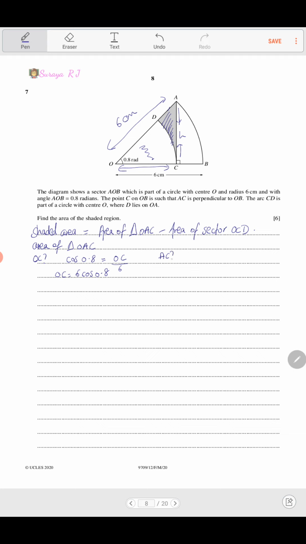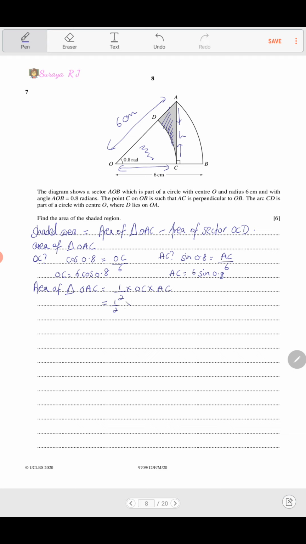For AC, we can use sine 0.8 is equal to AC over 6. That is here. It is opposite. That is why we use sine. And therefore, AC is equal to 6 sine 0.8. Therefore, area of triangle OAC is equal to half base, that is OC, times AC, which is the height.